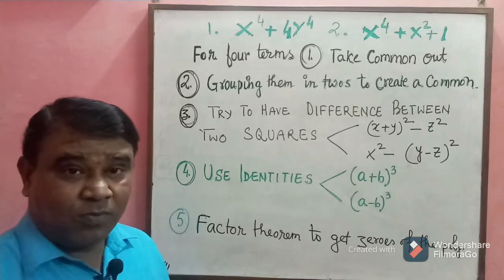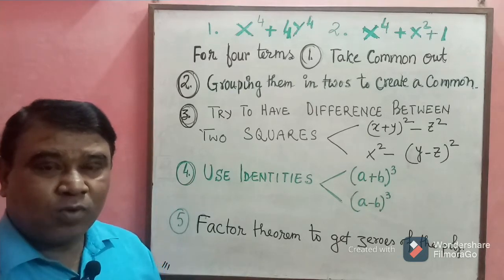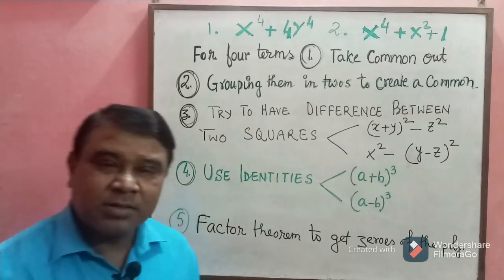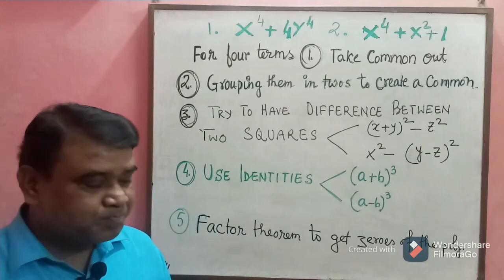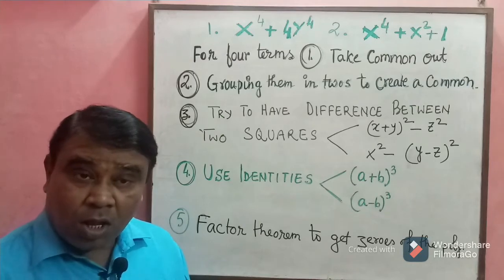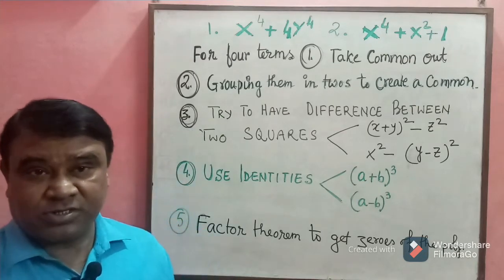The basic and the foremost method of factorization is to express an algebraic expression into their products. Sometimes an algebraic expression consists of more than one terms.